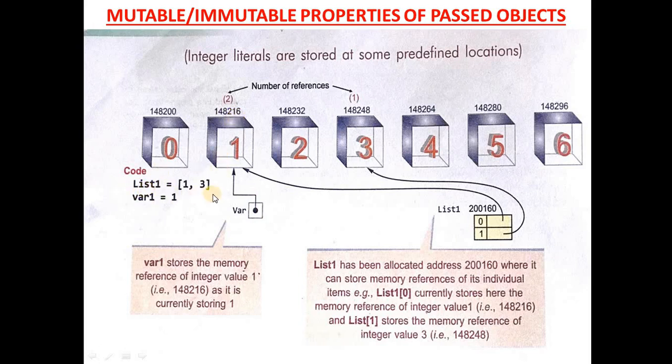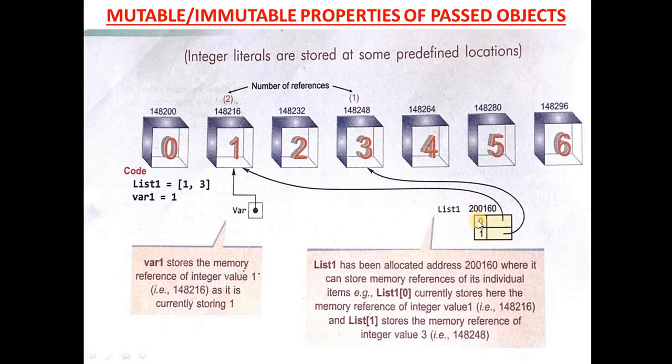Now when the list is created, which is mutable data, how is the memory created? When the list is created, it is stored in some memory location itself, and its values are 1 and 3.